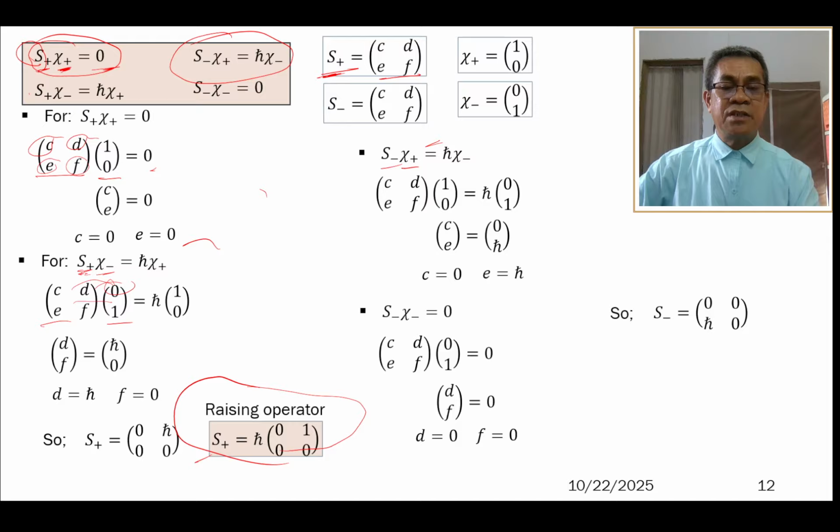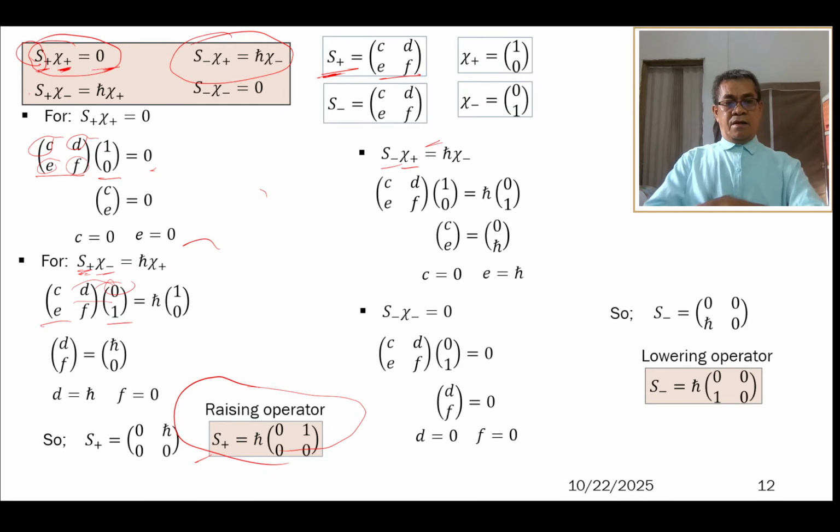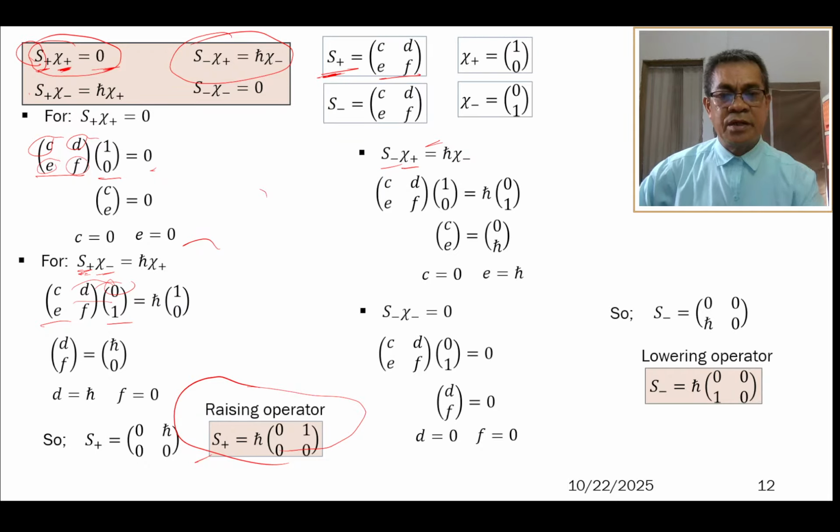Then substitute those values into the lowering operator, and we have this lowering operator in terms of H bar, and that 2 by 2 matrix. In the raising operator, we have 0, 1, 0, 0, but in the lowering operator, 0, 0, 1, 0. So they are not equal actually. So any time that we apply the raising and lowering operator, we have to use this matrix. Also with Sx and Sy, and also with S squared later on.